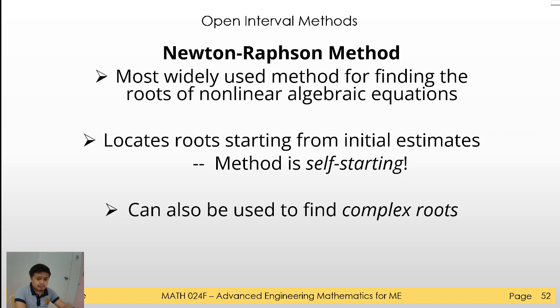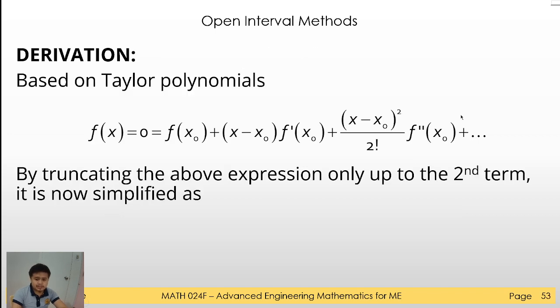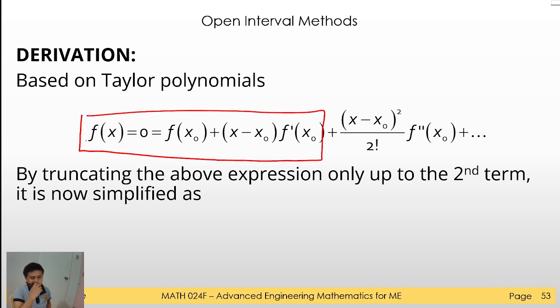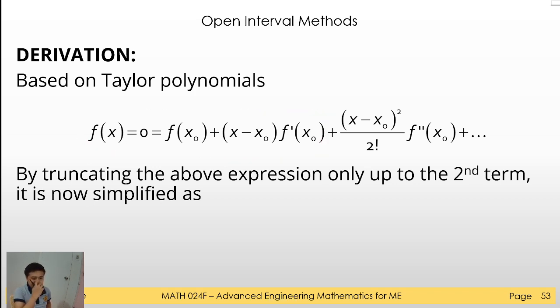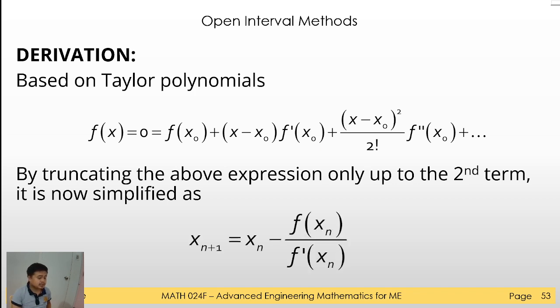Using the Taylor polynomials, if you can remember the Taylor series, we have this series, and if we equate this Taylor series expansion to zero, and then truncate this Taylor expansion into its two terms, we can find the iteration function, which is this.